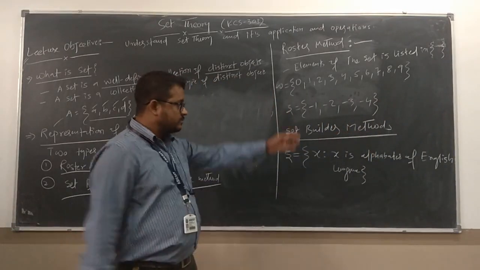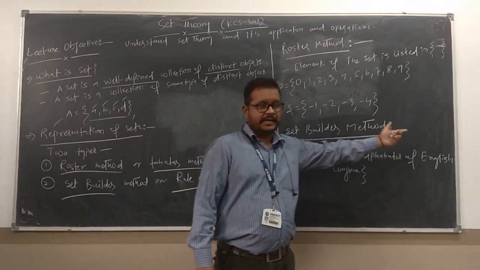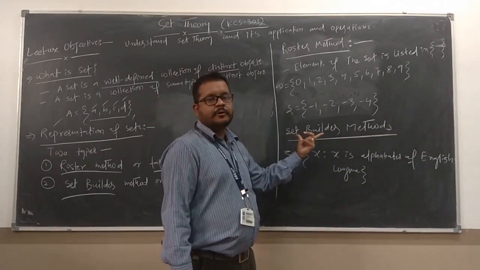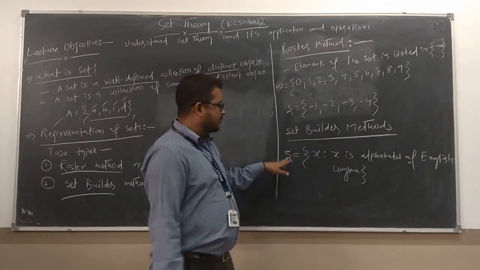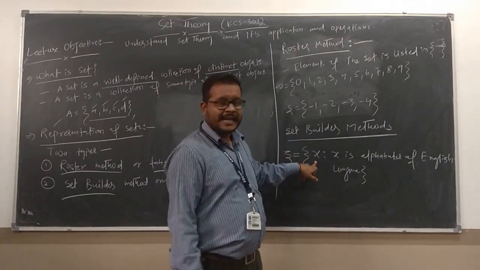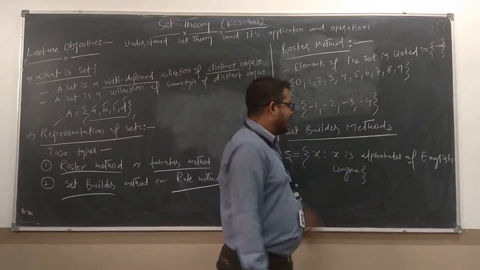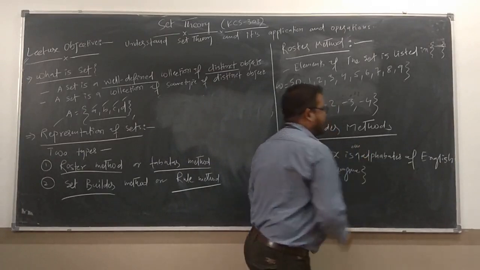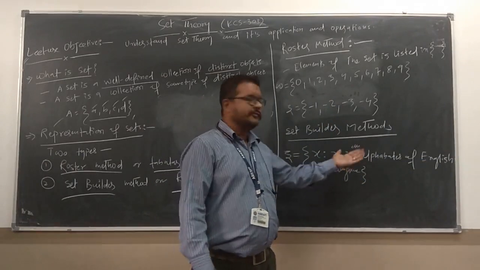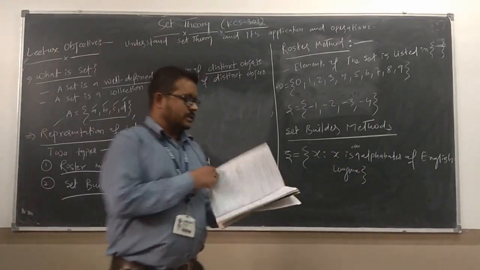So guys, instead of writing all a, b, c, d, e, f, g, h, i up to z, we can write the same thing in set builder form or rule method, as we define a set Z in which x is an element, and x is defined as an alphabet of the English language. By this definition you can better understand that this is a set.